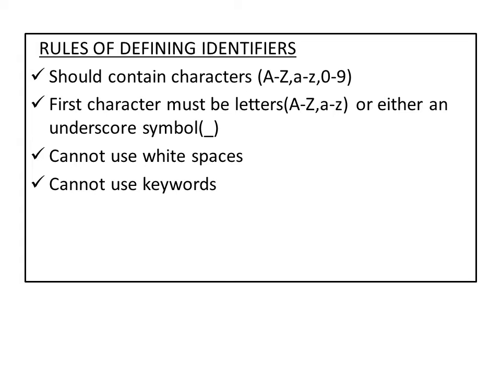That's the only symbol used while defining an identifier. We cannot use any other symbol. And we cannot use white space. That means there shouldn't be space between the words. For example, total marks should be typed together. You cannot have space between total and marks. And as I said before, we cannot use keywords.